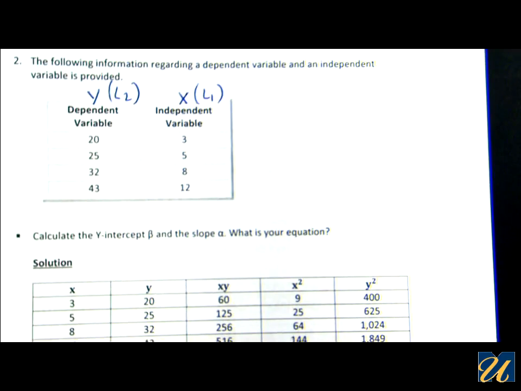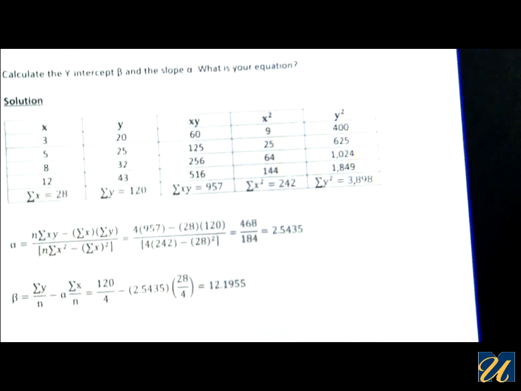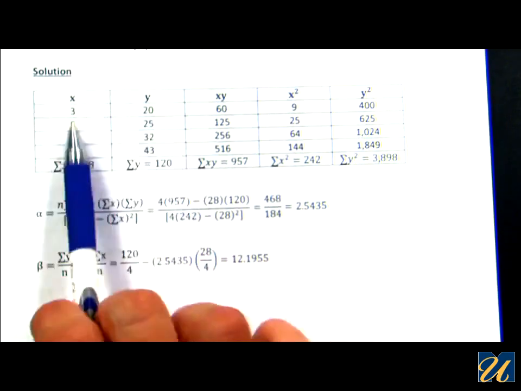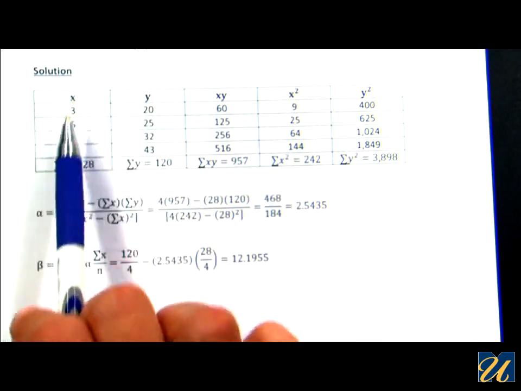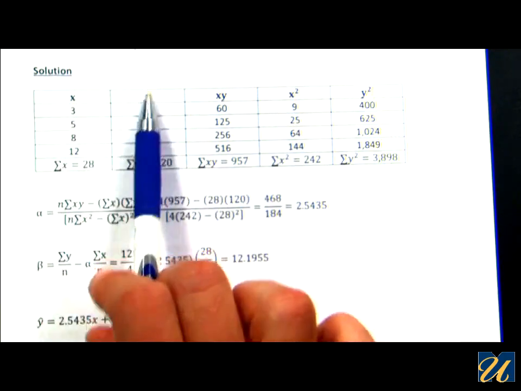Once again, I'm asking for the y-intercept, the slope, and the equation that links the two variables. Using the formulas, you have access to the table: x, y, the product of x and y, then another column for x squared, another column for y squared. You make sure that you calculate the summation of each column and you substitute in your formulas.